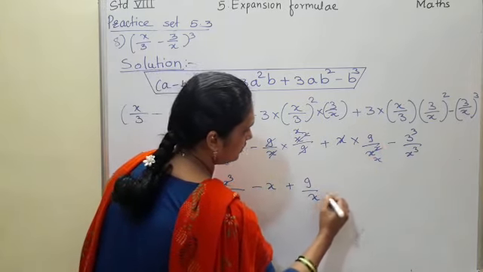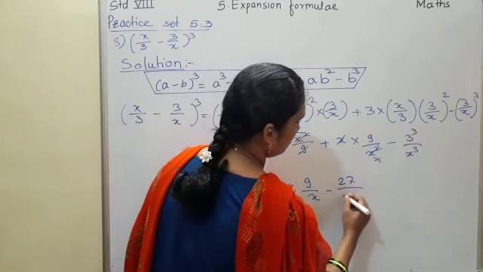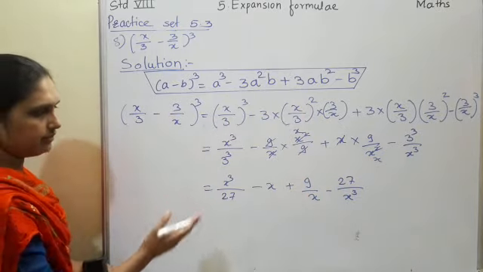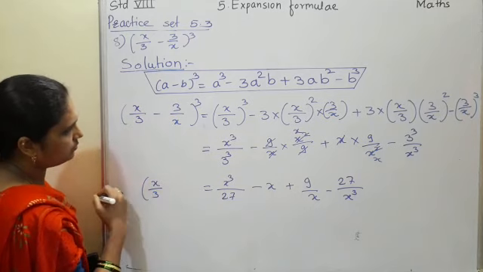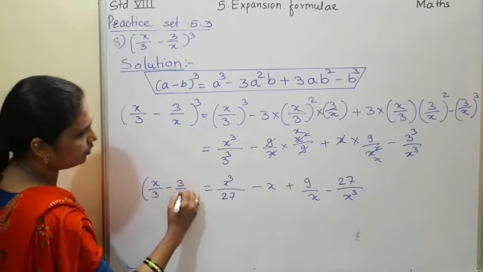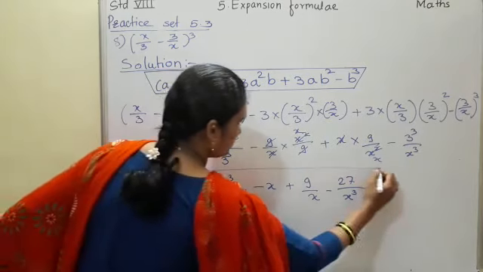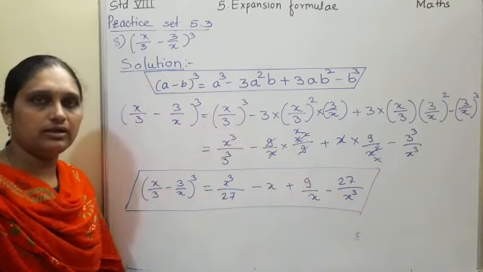So 9 upon x minus 27 upon x cube. Further we cannot add, divide or multiply, so here is the answer. I'll put a box for this so that my final answer is highlighted.